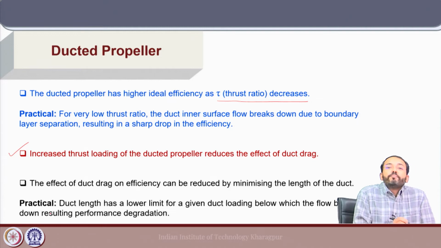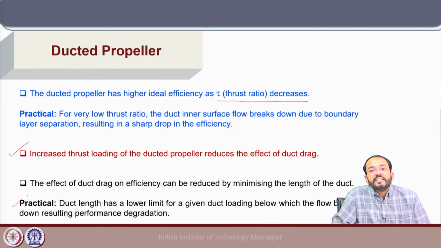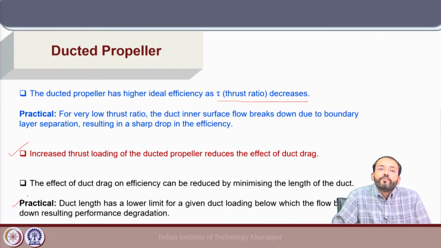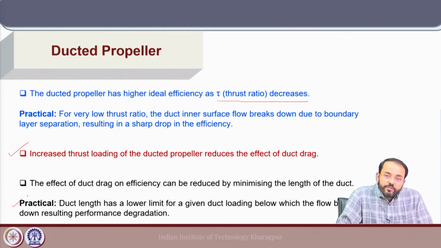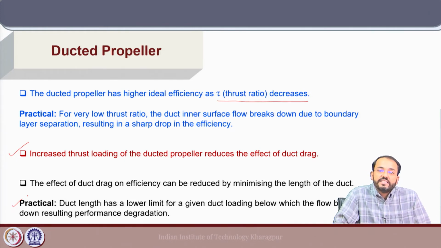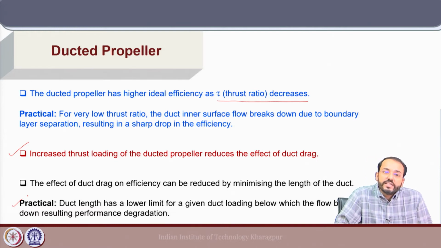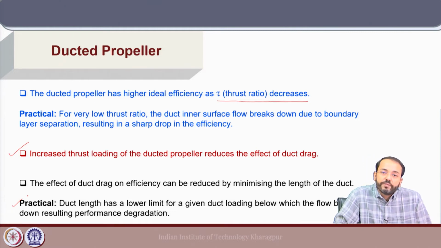Now, again from the practical point of view, if the length is reduced below a certain value, then the flow will again break down, and because of that the performance of the duct will not be proper. So, the values that we obtain from momentum theory give us a rough guideline of the efficiency, but for practical cases there are limits beyond which there are flow separation effects which will guide the final performance and efficiency of the system.